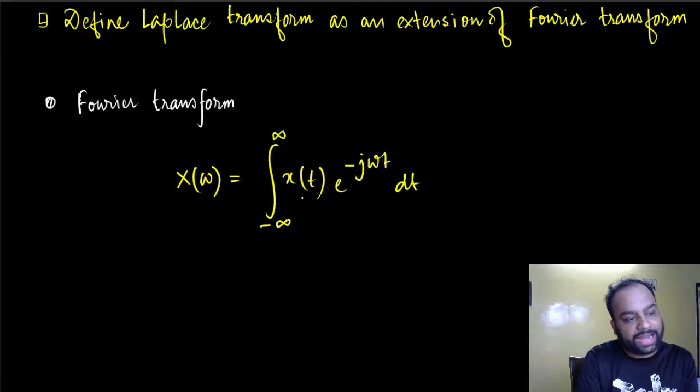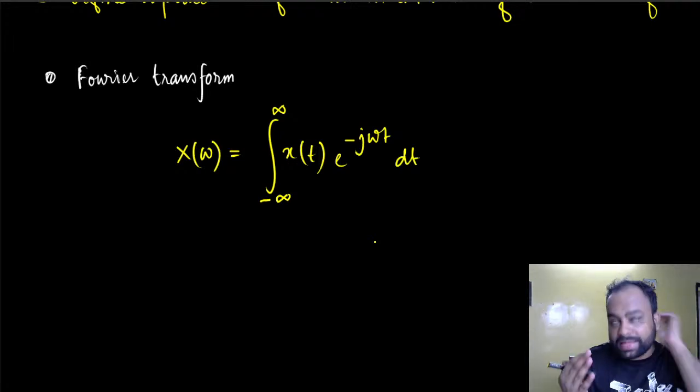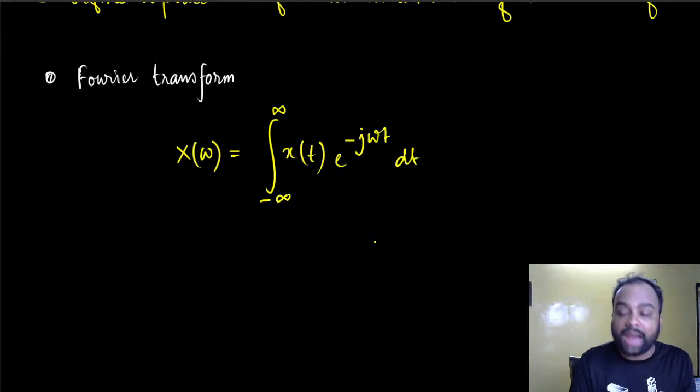The point is, the signal that we are calculating the Fourier transform of is representable as the sum of sinusoids. That's the cornerstone of Fourier transform, and Fourier series as well.